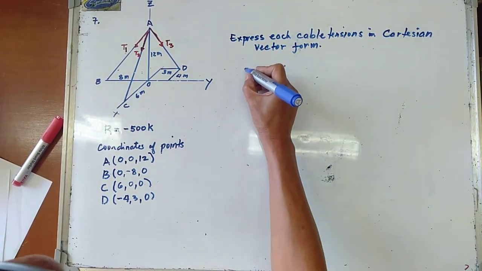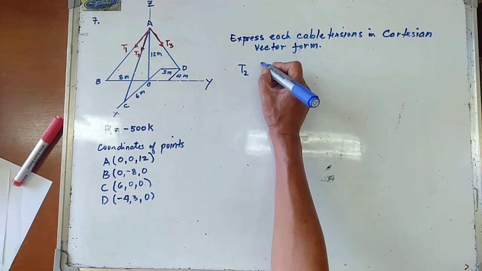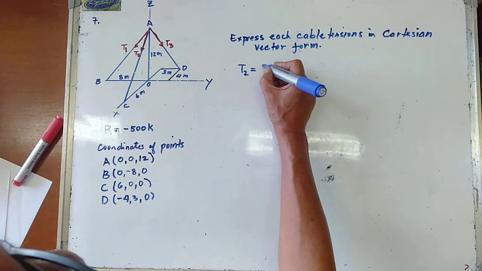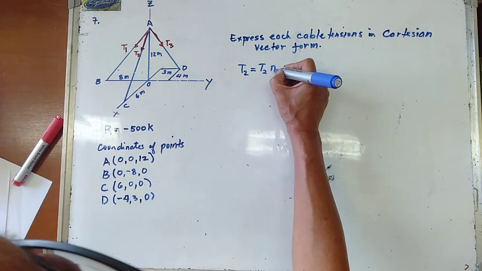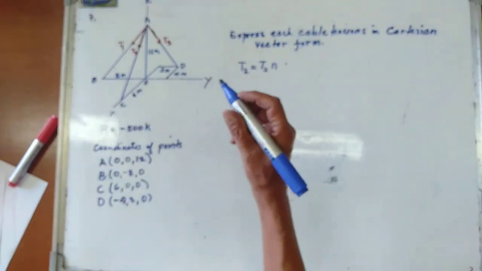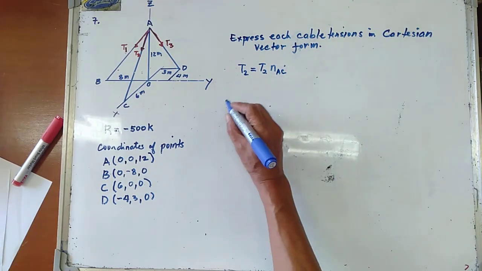Let us then express T2 in Cartesian vector form. This is equal to the magnitude of T2 multiplied by a unit vector in the direction of T2, and that is the unit vector AC.